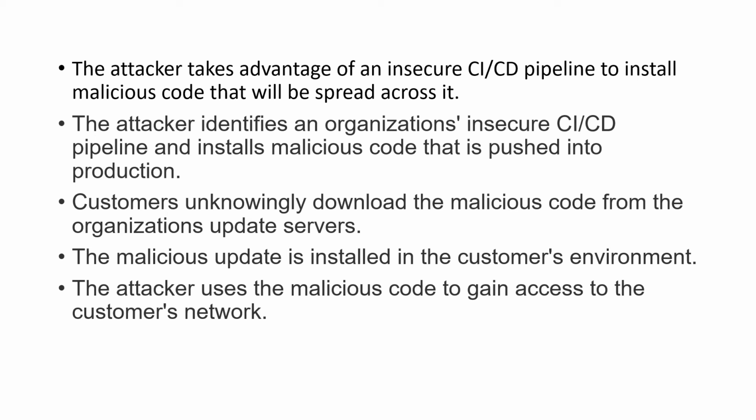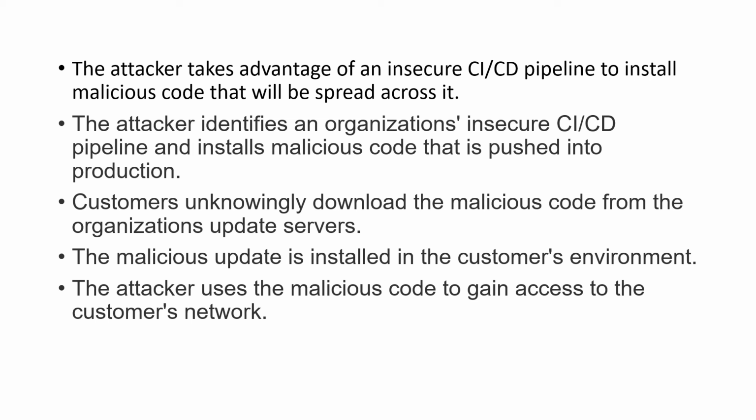The attacker uses the malicious code to gain access to the customer network and slow down the server. This is what is known about attacks on software data integrity failures.